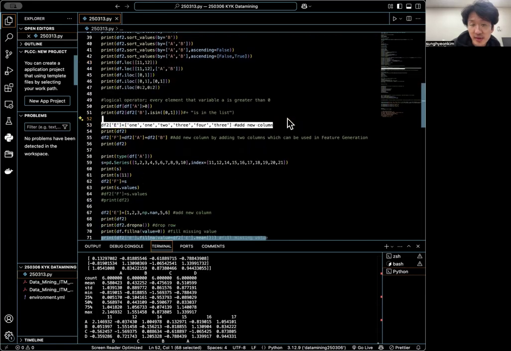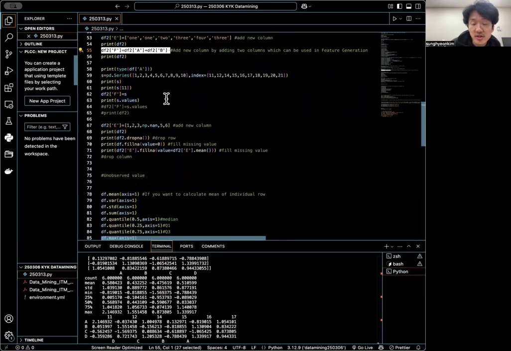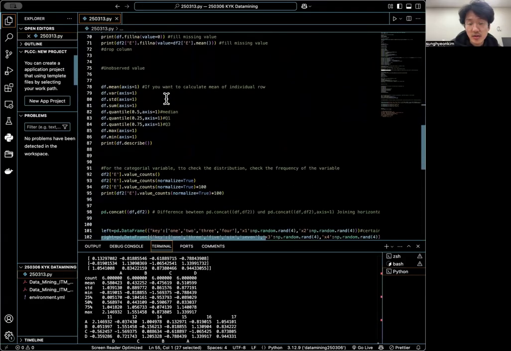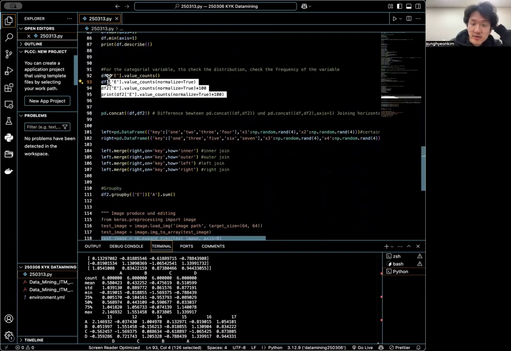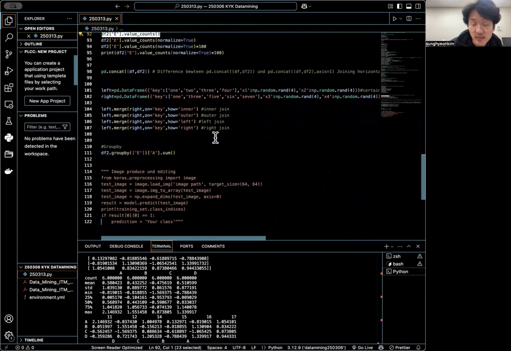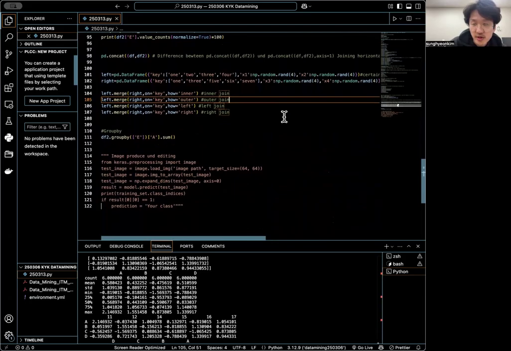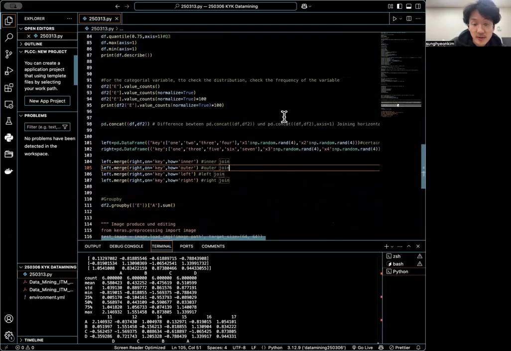And this is where you make new rows and add a new column by adding two columns. And for categorical values, you can do value counts, and you can do merge, inner join, outer join, left join, and right join, which we learned during the database class.